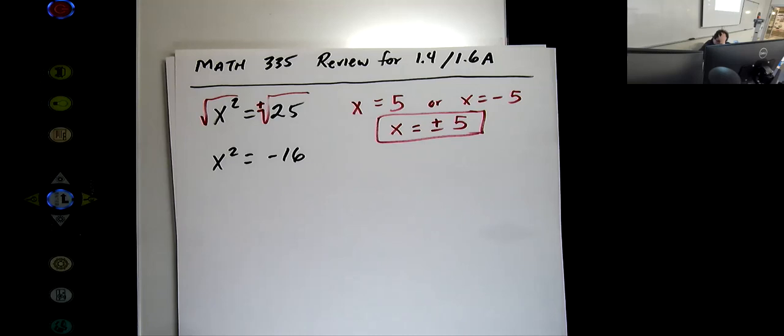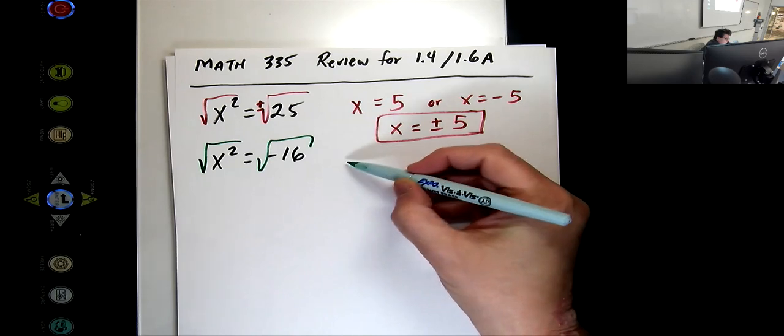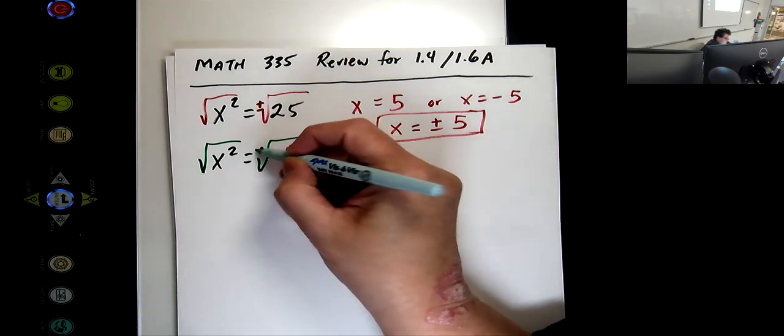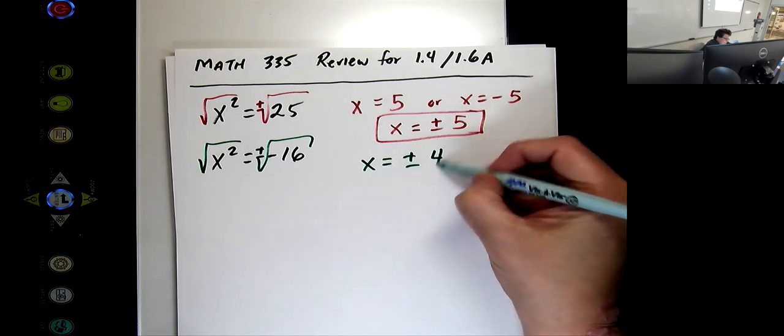Anyone remember? We're going to square root both sides still, so that's good. And it will lead to 4i, but since we took the square root, it's got to be plus or minus. So x is going to be plus or minus 4i.